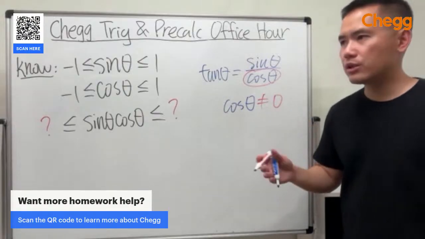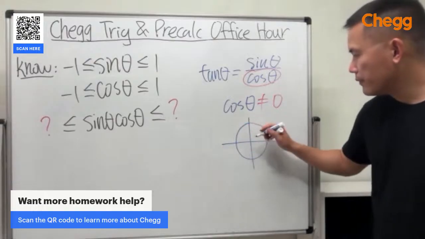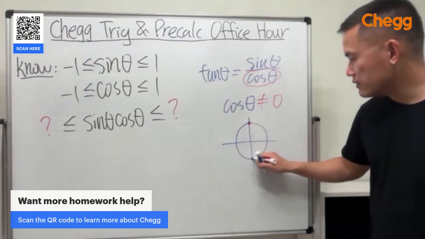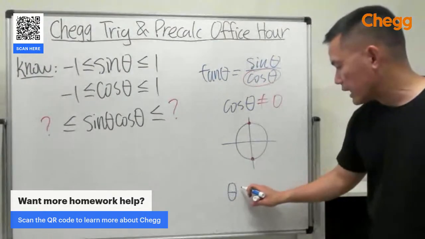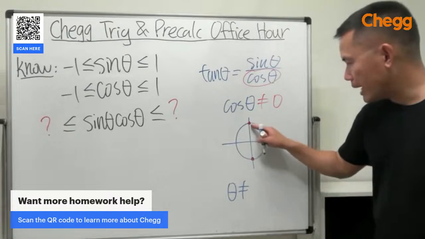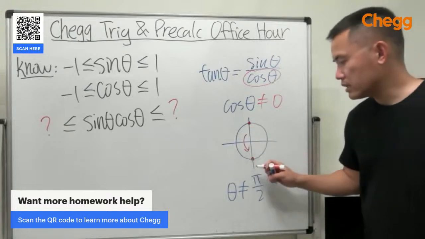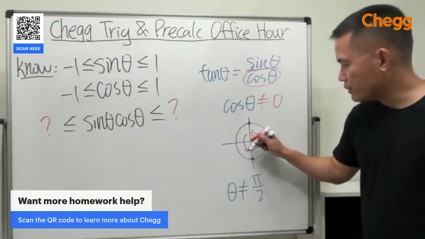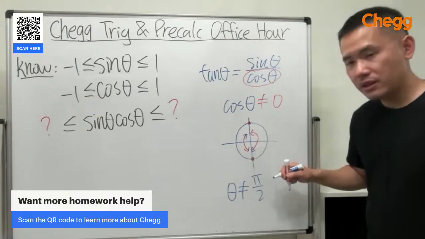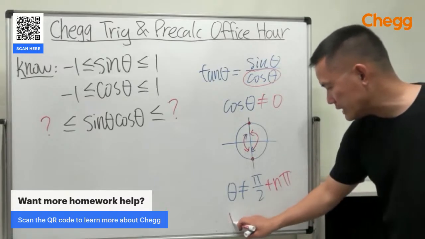And where is cosine going to be 0? If you think about the unit circle, the x value is 0. So theta cannot be pi over 2. And if you go to the next one, you just add pi, and you can keep on going like this. In fact, you can go whichever direction. So you will just say plus n pi, where n is an integer.